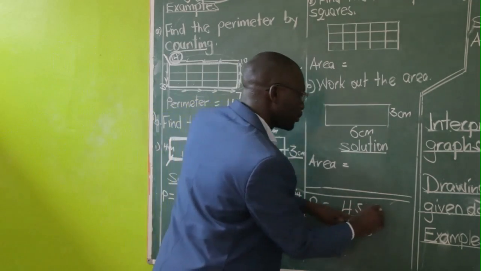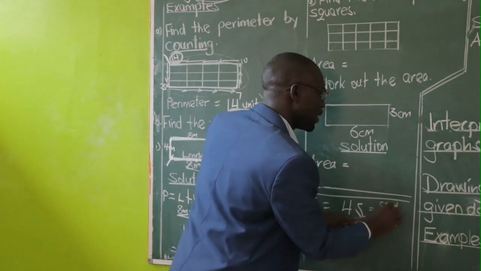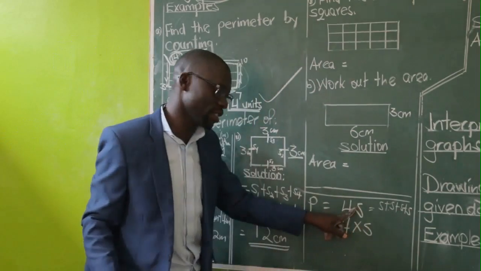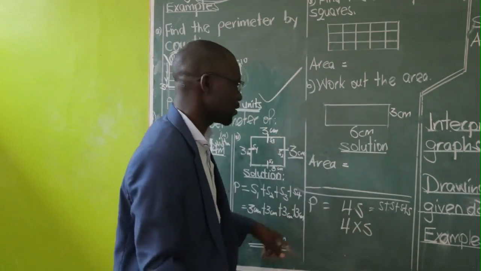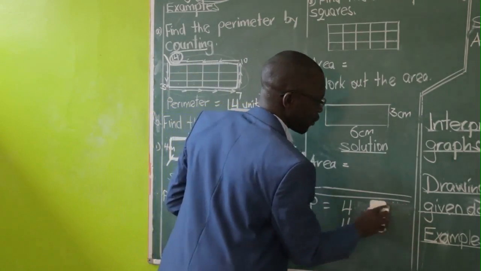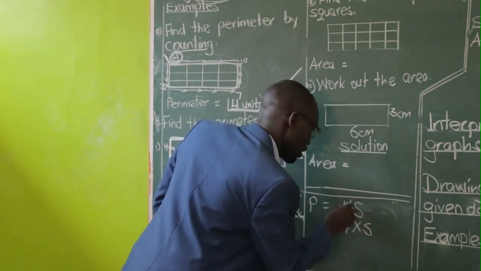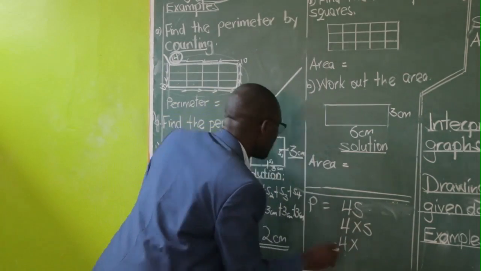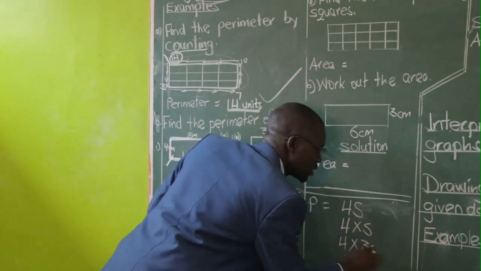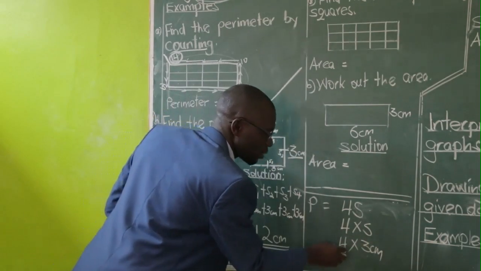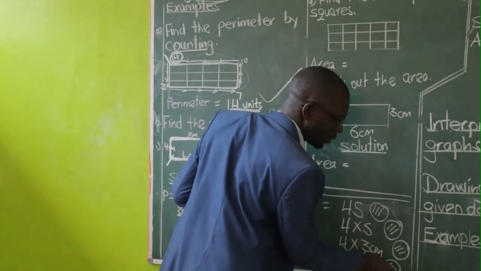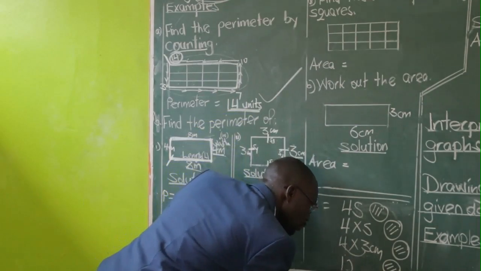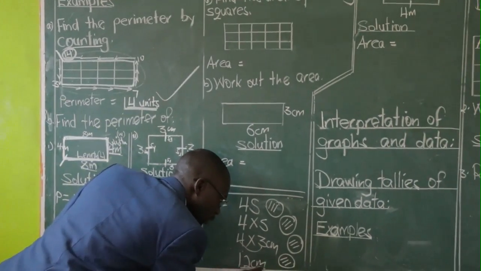Because side plus side plus side plus side gives us 4 sides. Now when we say 4s, we write that as 4 times s, which is 4 times 3 centimeters. What's 4 times 3? 10, 11, 12. So we shall have 12 centimeters.